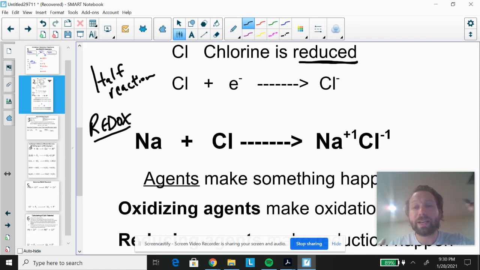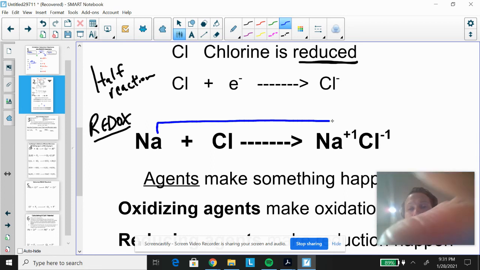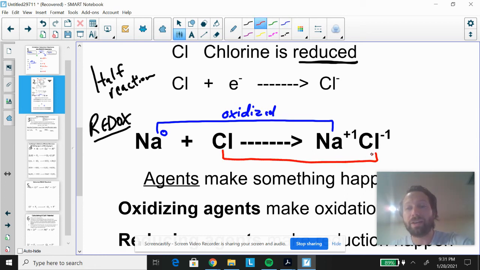And so the way that we can draw this is by writing it out and then identifying again, and I'm kind of hammering this in, I know, what is being oxidized and what is being reduced. So we'll start off with sodium. Again, we see that sodium, which has a 0 charge, is going to a +1. So this is going to be oxidized. And conversely, chlorine is going from a 0 charge to a -1.